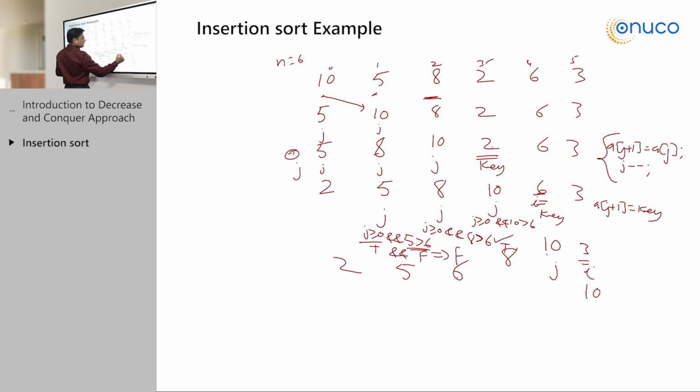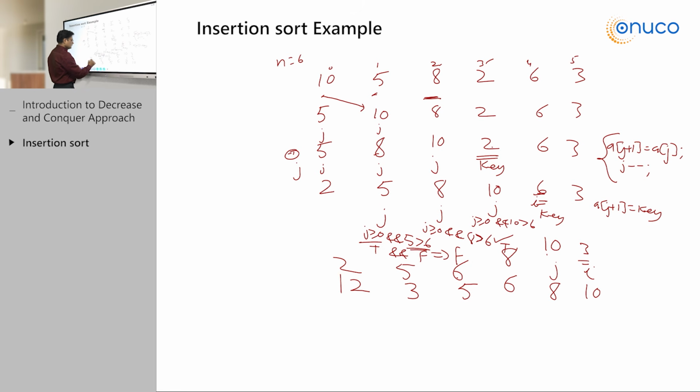Similarly 8 and 3, 8 is greater, 8 has to come to this place. 6 and 3, 6 is greater, 6 has to come to this place. 5 and 3, 5 is greater, 5 has to come to this place. 2 and 3, since 3 is greater, it has to be inserted between 2 and 5, hence at j plus 1 it will come and insert 3, and 2 will be as it is.